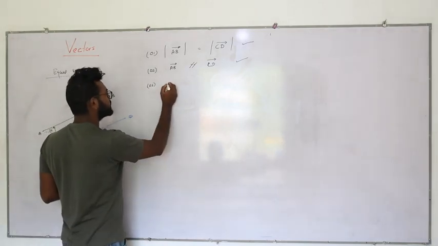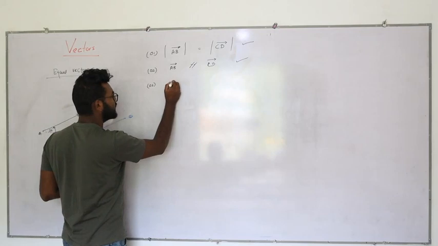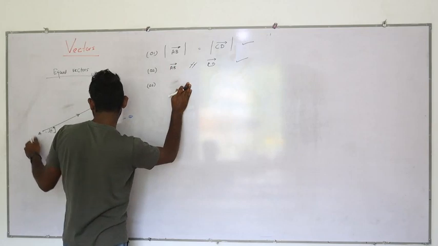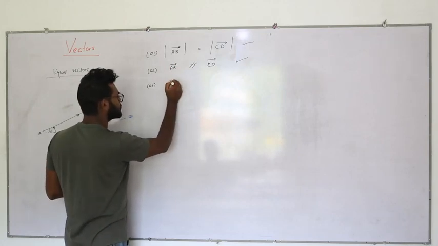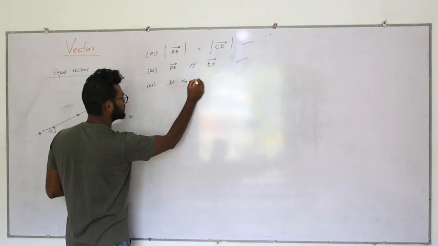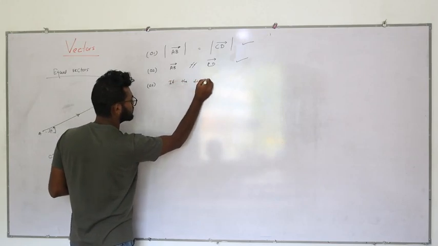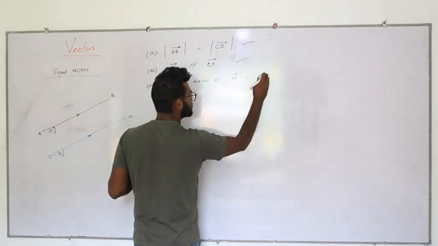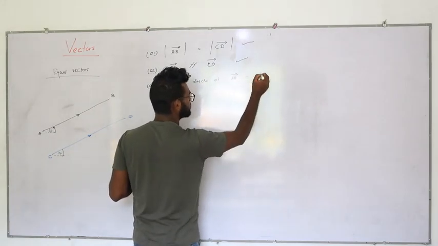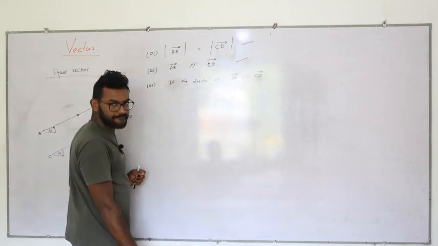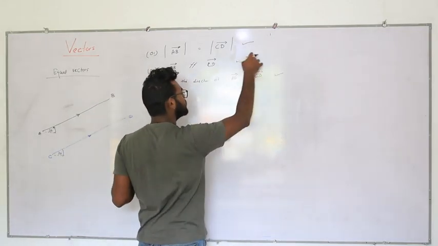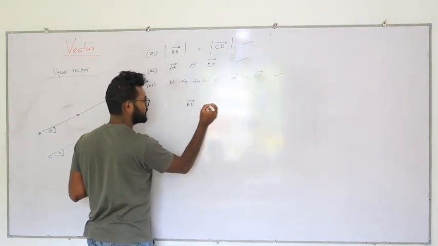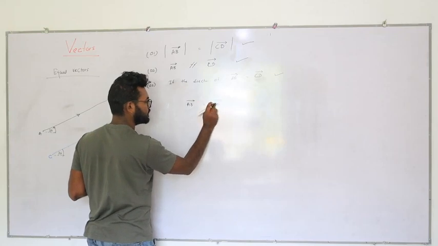So if the directions are equal, that means the direction of AB has to be equal to the direction of CD. If the direction of the AB vector equals the direction of the CD vector, then if all these three conditions are satisfied, we can say the AB vector is equal to the CD vector.